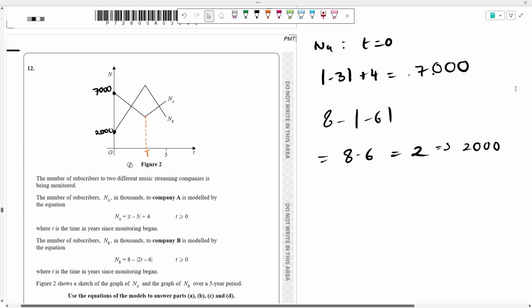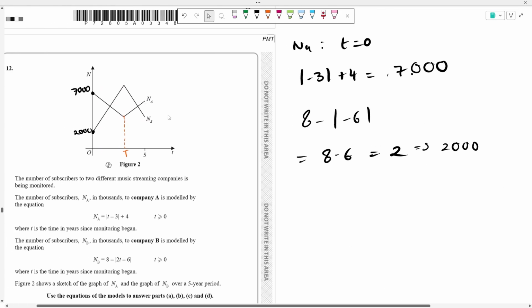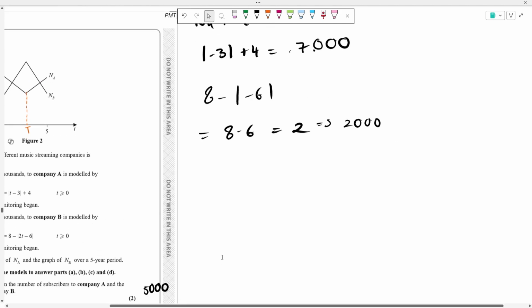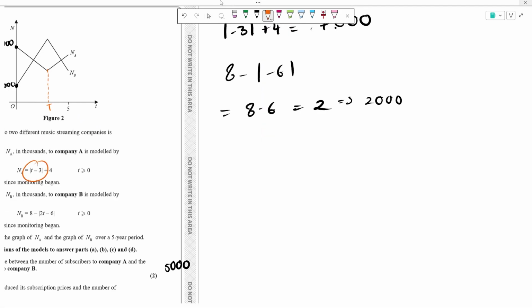Okay, the way to go about this is that you can argue that there are two linear graphs here. You have one linear graph that's going down, so this has a negative gradient, and this has a positive gradient up here. So to work out this coordinate of t, you can take this modulus of t minus 3, and you can create two different equations.